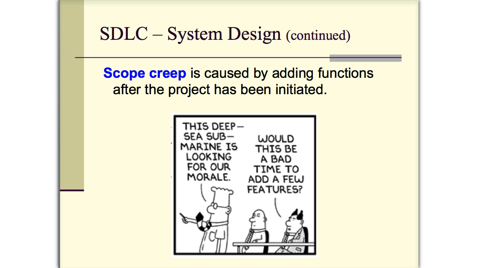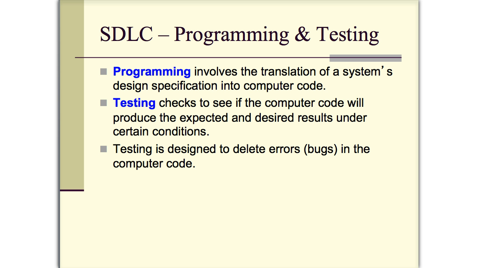So that scope creep has to be controlled by the project manager. They have to find a way to discourage the adding of functions, particularly after the user requirements have been signed off on.